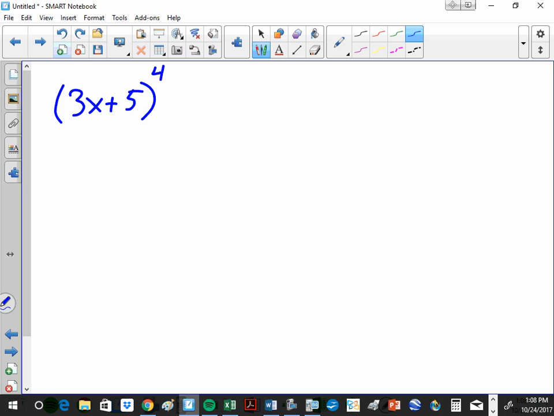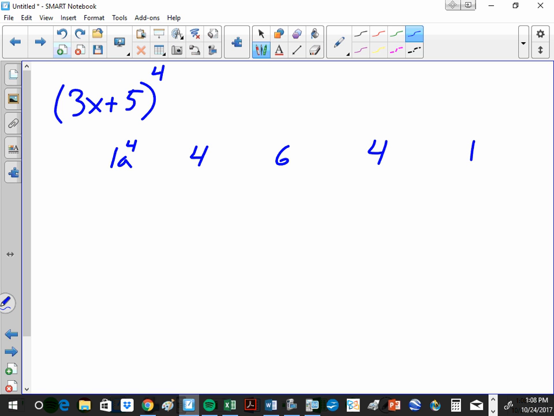Okay. So we go down to row 4 of Pascal's triangle. What does it tell us? 1, 4, 6, 4, 1. So I'm going to have 1, 4, 6, 4, 1. Now, it would be 1a to the 4th, b to the 0.